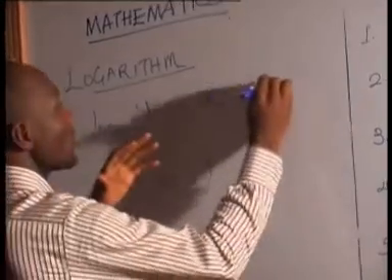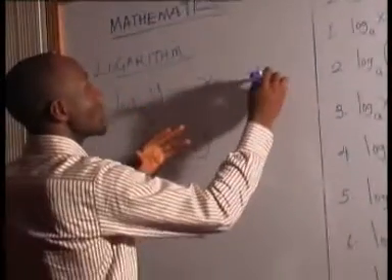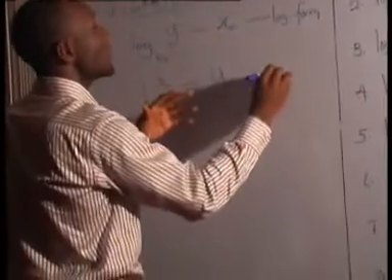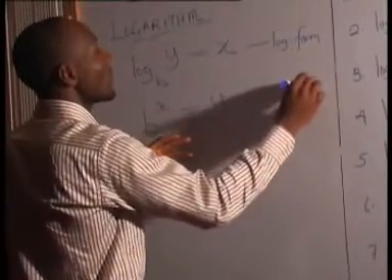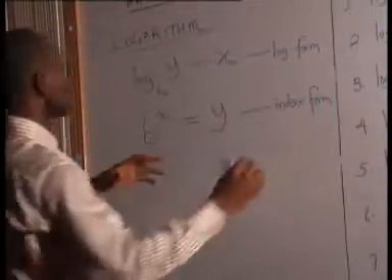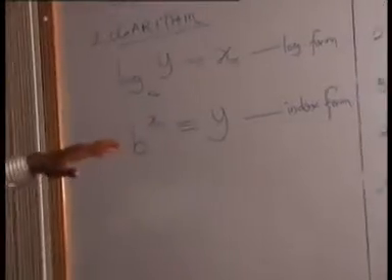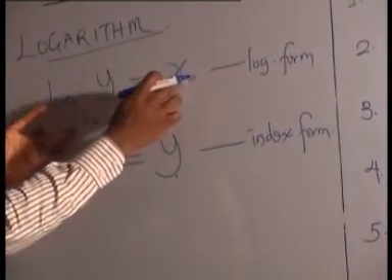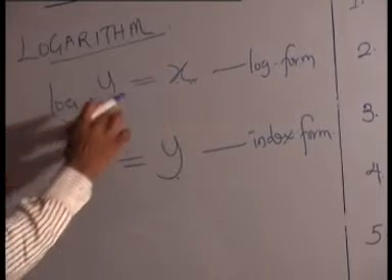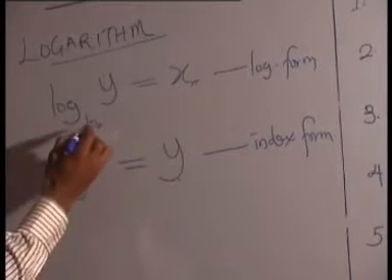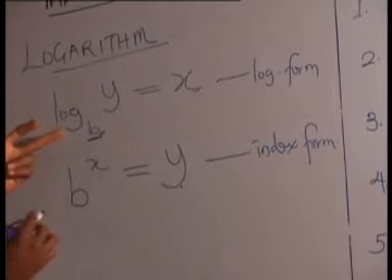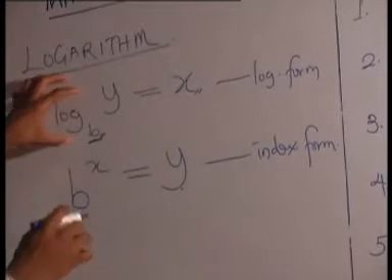This one is what you call the logarithm form, or just the log form. And this one is the index form. So this is the relationship between indices and logarithm. If you have log y to base b equals x, b raised to power x will give you y. Note, b, a slave here, remains a slave even though you have removed the log.